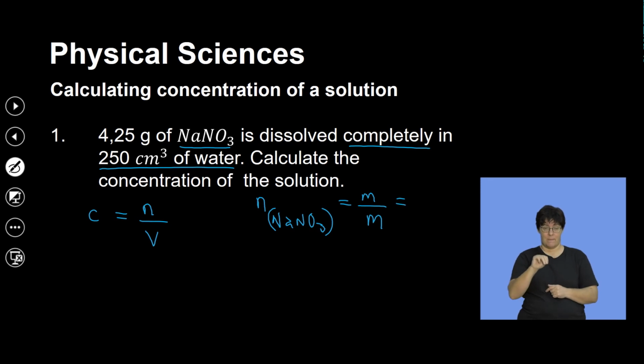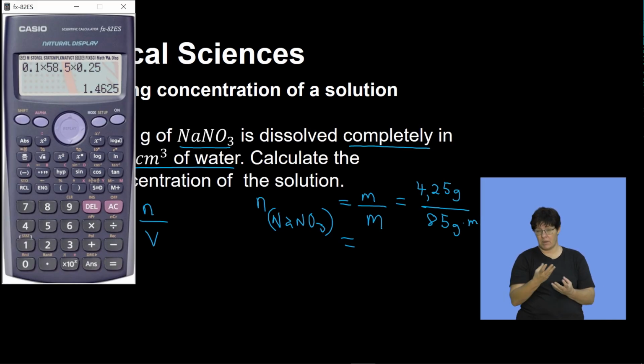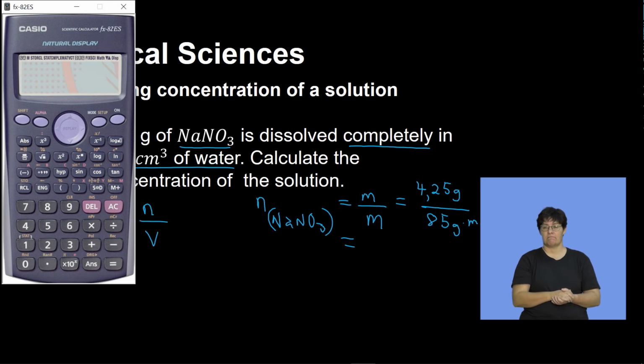So what's the mass of the sample? 4.25 grams, divided by the molar mass of sodium nitrate, which you get from the periodic table, 85 grams per mole. So the number of moles, we can quickly do by way of calculation. We've got 4.25 divided by 85.